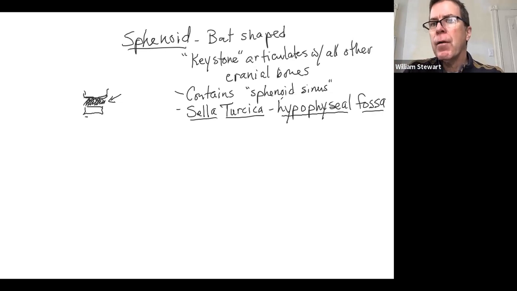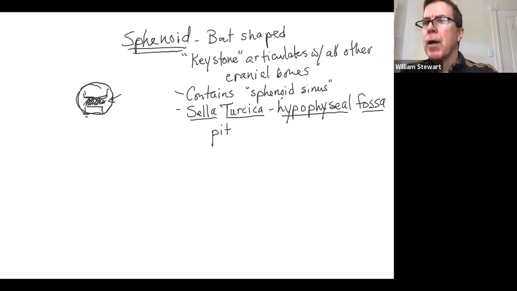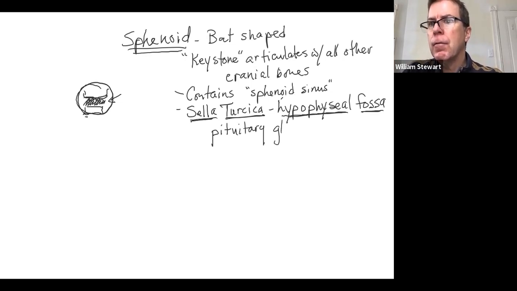So this is where the pituitary gland sits in the brain, and it's protected by bone in this part of the sphenoid. So the hypophyseal fossa of the sella turcica is just where the pituitary gland resides.